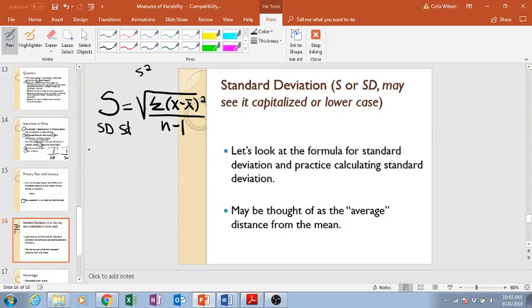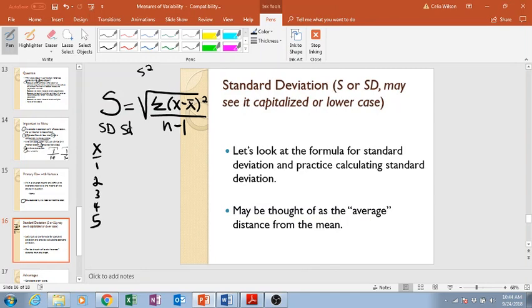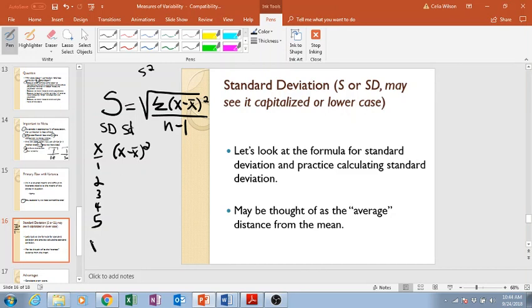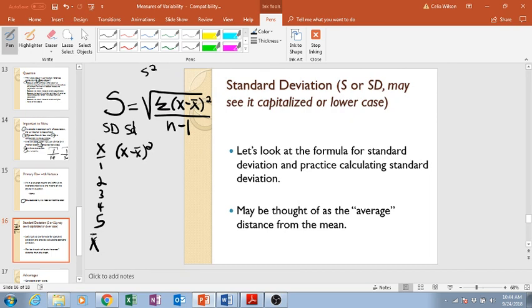All right, so let's put it all together and practice calculating standard deviation for a very small set of scores. Let's use our 1, 2, 3, 4, 5 again. Remember, that's our set of scores. The first thing I need is my sum of squares. So I'm going to calculate x minus the mean, and then squared. If you remember back to this little data set, or just eyeball it right now, our mean is 3.